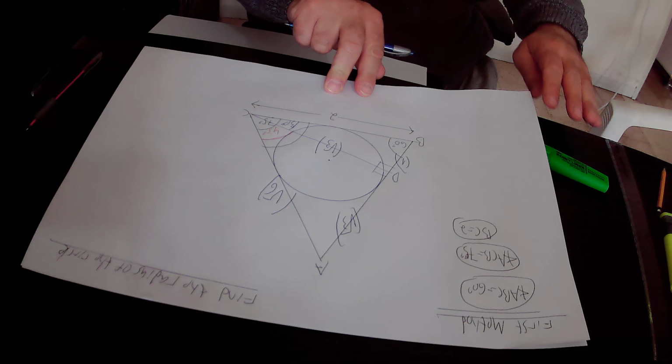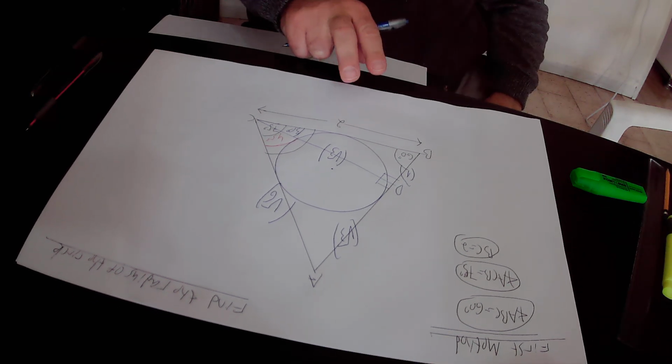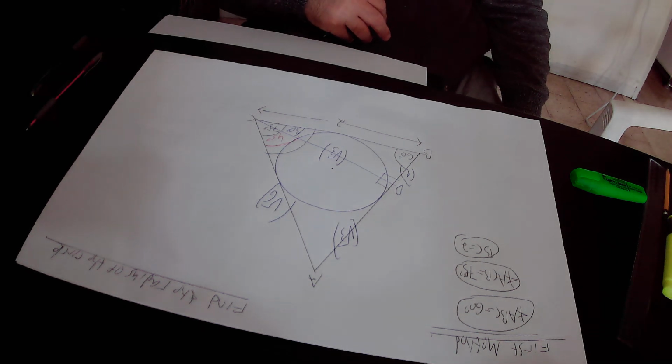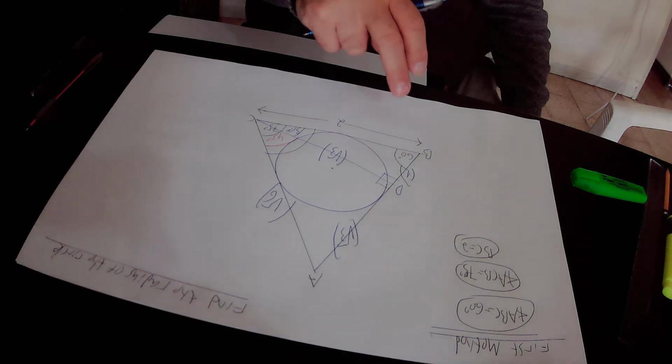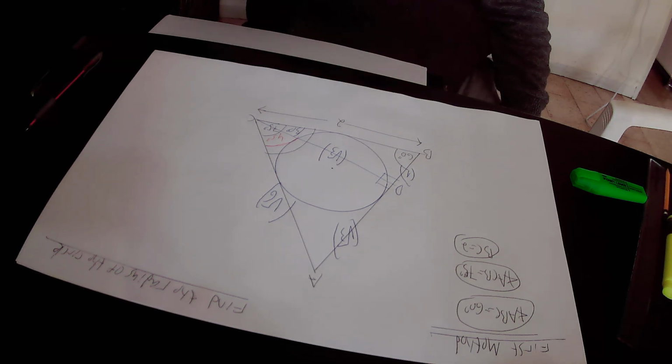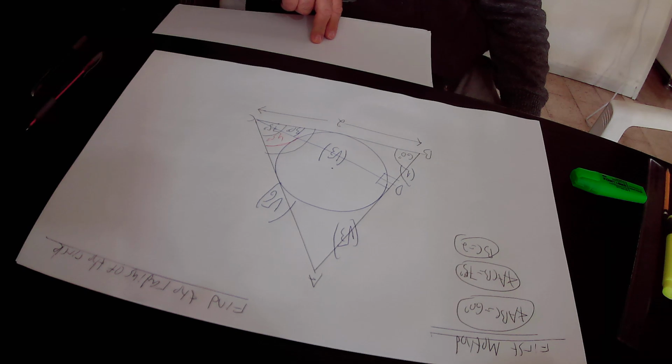Whenever you have a circle inscribed in a triangle, you can implement rule number 15, and here we have this circle inscribed in triangle ABC, therefore we can implement rule number 15.